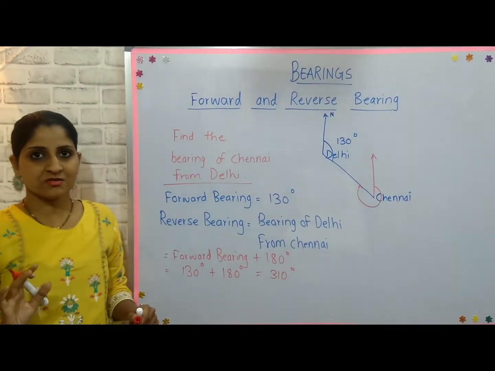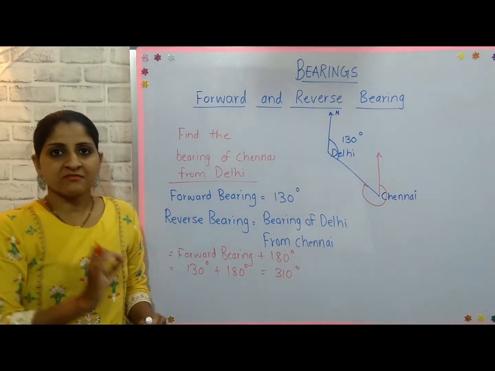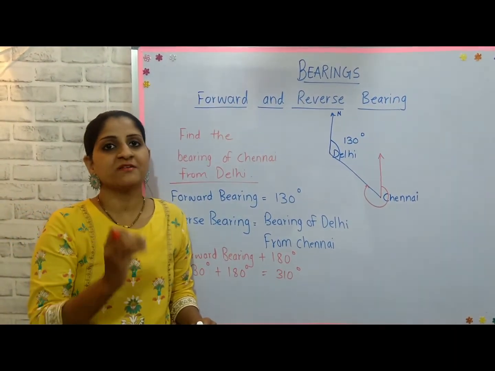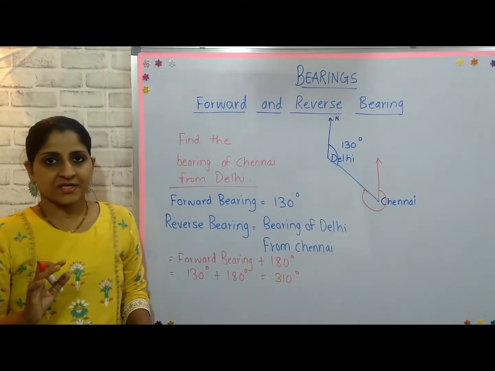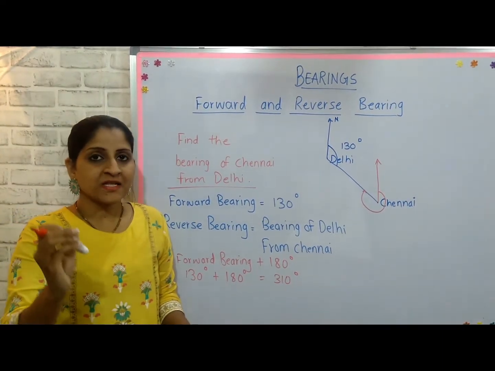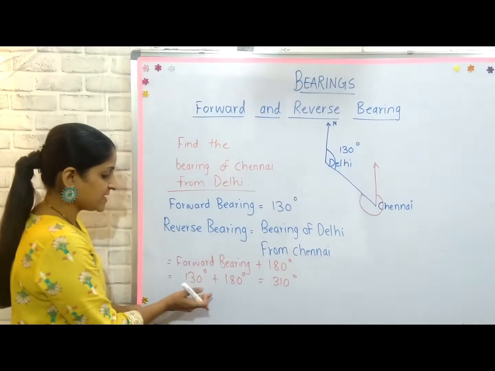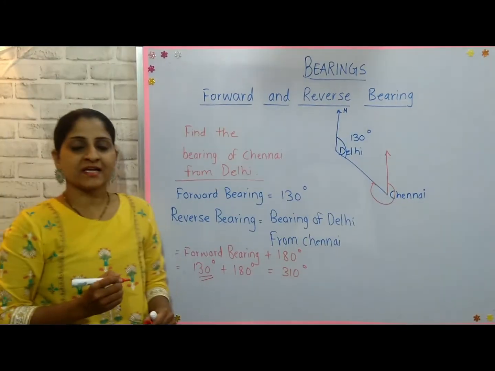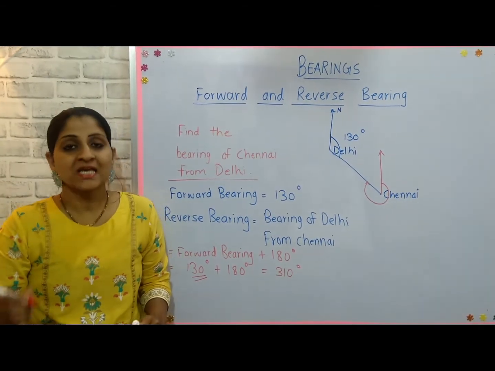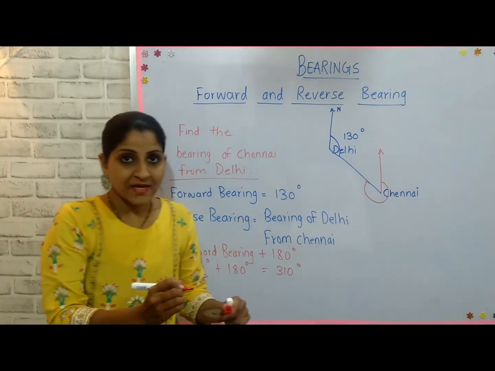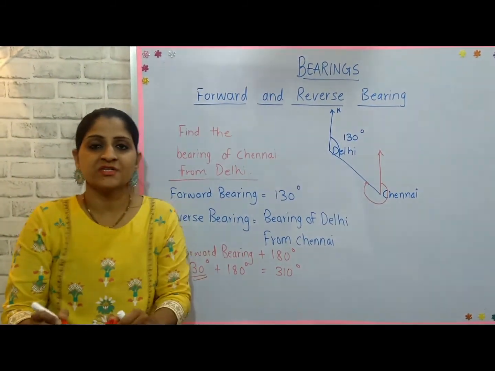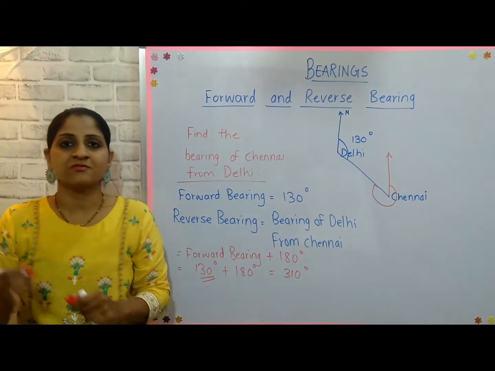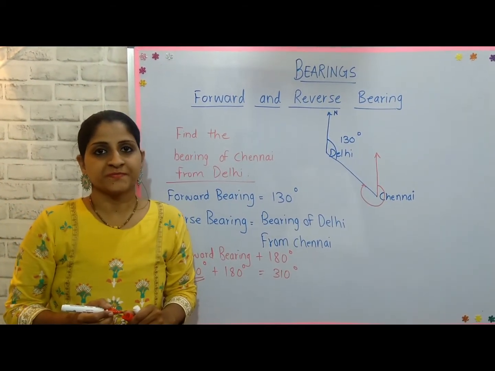I simply used the formula: whenever we have to find the reverse bearing, we add 180 degrees to the forward bearing. But that is only for angles which are less than 180 degrees, because this 130 degree angle was less than 180 degrees. That is why, when we add 180 degrees to a forward bearing, we get the answer for the reverse bearing.